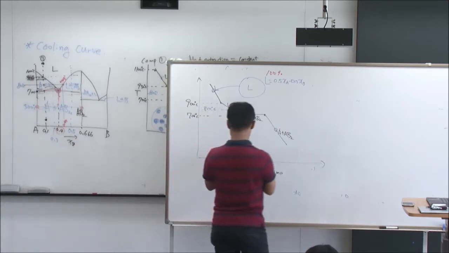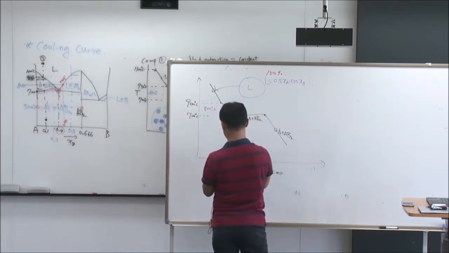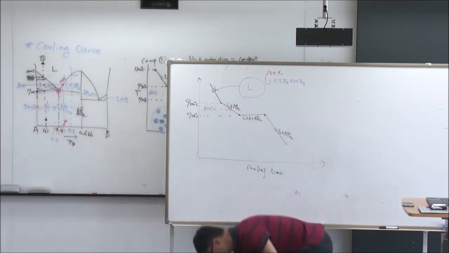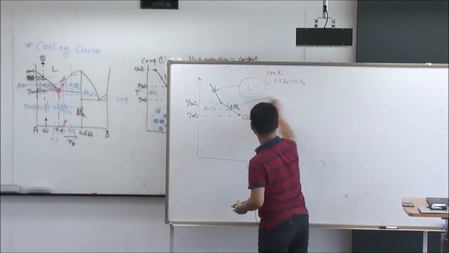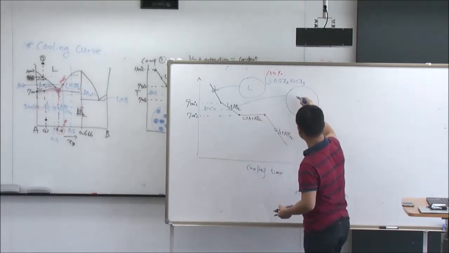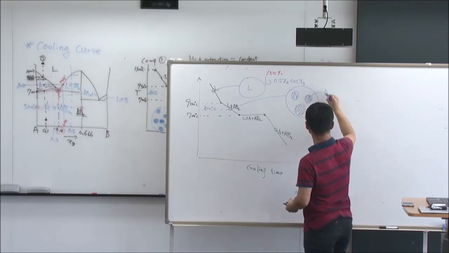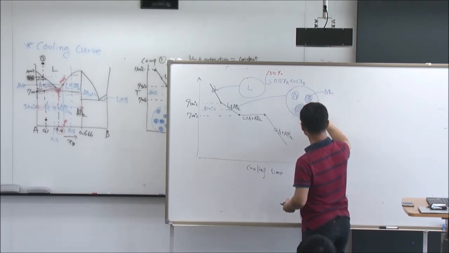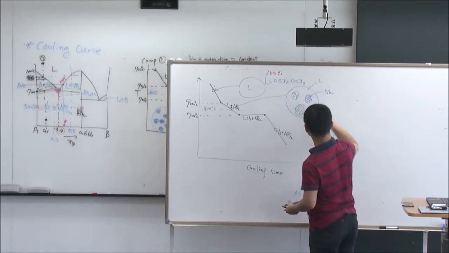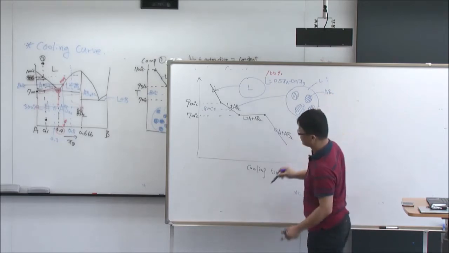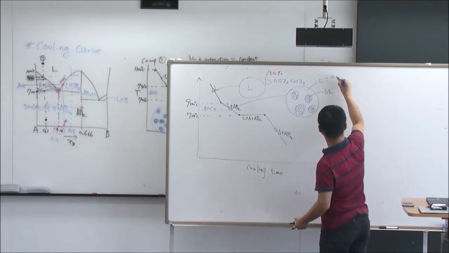So now I will start to have the AB2 phase and the liquid phase, and the liquid phase composition is 0.45, so 0.55.